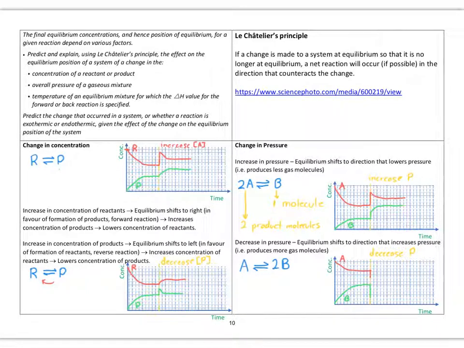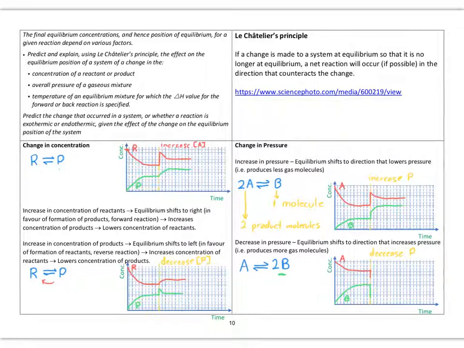In this case, increasing the pressure means more products, because we get 2 product molecules. 2 product molecules need more space, therefore create more pressure. So this is actually going to favour the formation of products B.